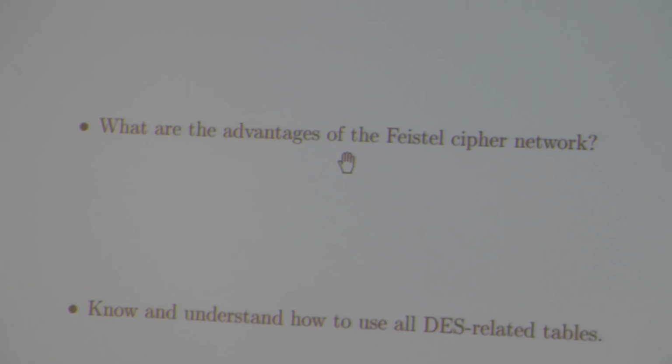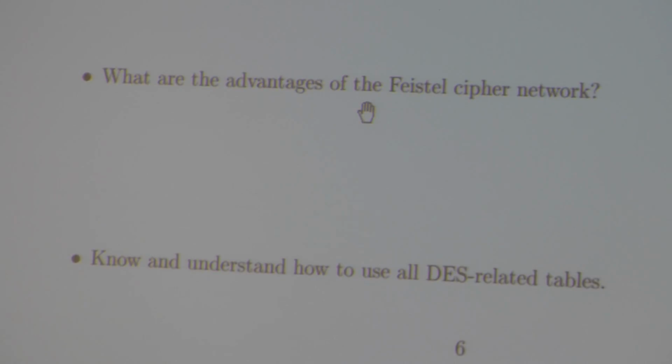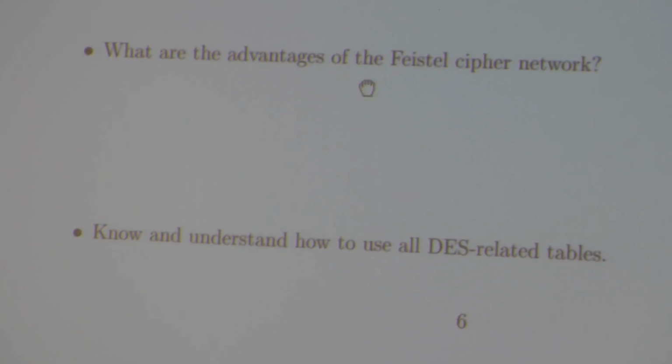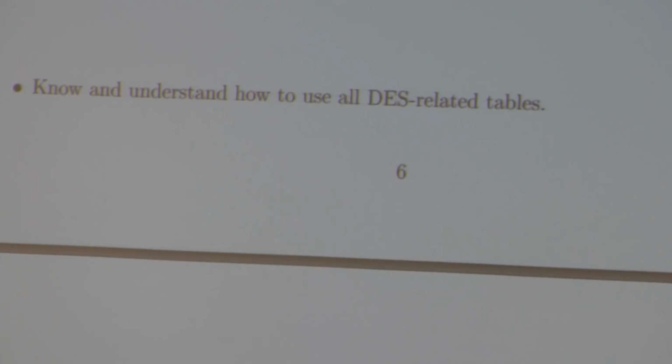The key for the second to last round is used as the key for the second round, etc. So it's the same algorithm for encryption and decryption, just reverse the order of keys as they're fed into the rounds. Know and understand how to use all DES related tables.